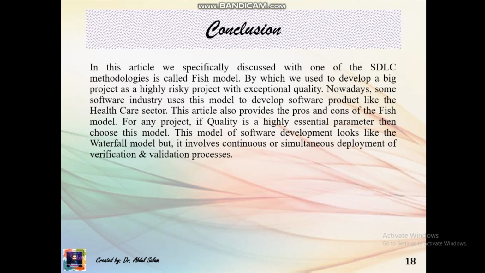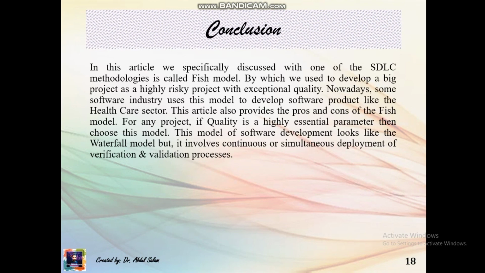So, concluding this topic, in this article we specially discussed one of the software development life cycle methodologies, which is called fish model, by which we develop a big, highly risky project with exceptional quality. Nowadays, some software industries use this model to develop software products, like in the healthcare sector. This article also provides the pros and cons, that is advantages and disadvantages, of the fish model.